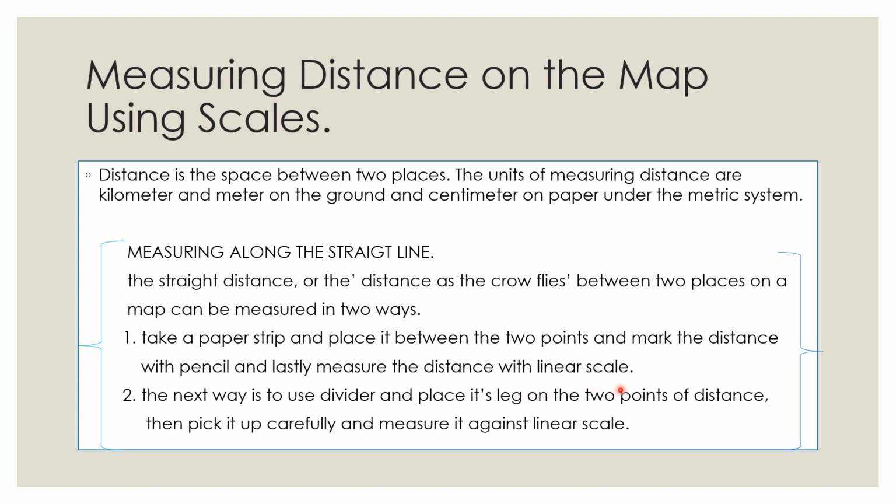Here we have to measure the distance with the linear scale, and the answer corresponds to 4 centimeter. As per the verbal statement shown on the map, if the verbal statement is 1 centimeter equals 50 kilometer, then the distance that we have taken from the map is 4 centimeter.